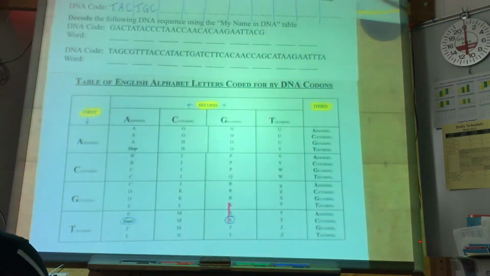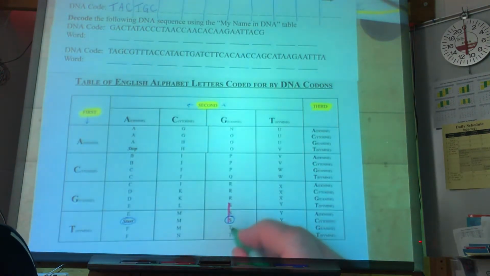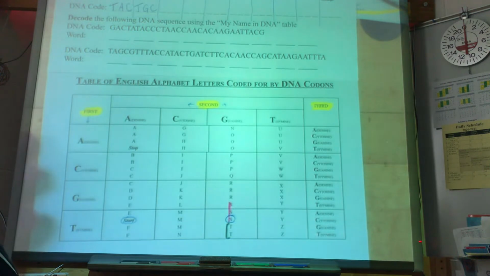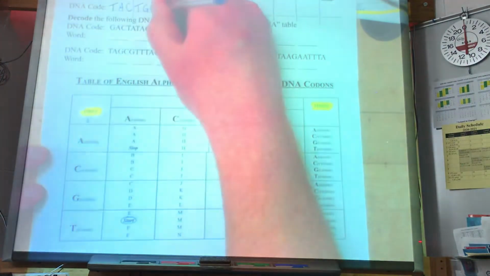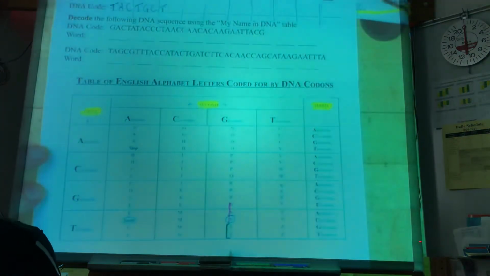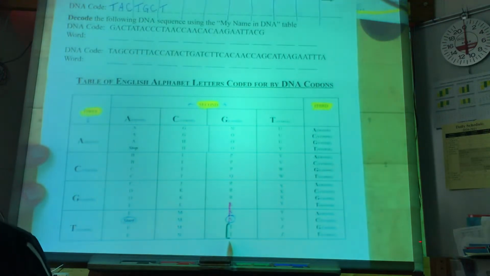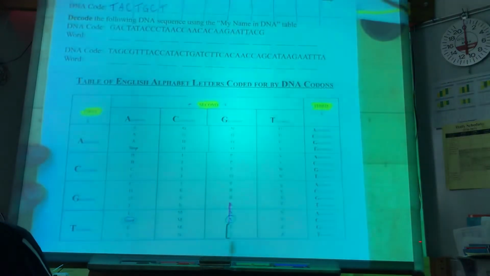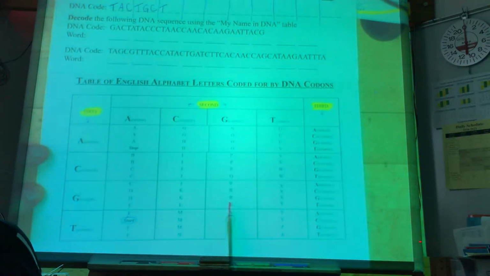How many T's do we have in our table? 2. So how many different letter combinations can we get to come up with a T? 2. What's the first letter of our T, regardless of which one we pick? The first letter is going to be a T, because we trace it to the left first. We go all the way left in that row. What's the second letter have to be?